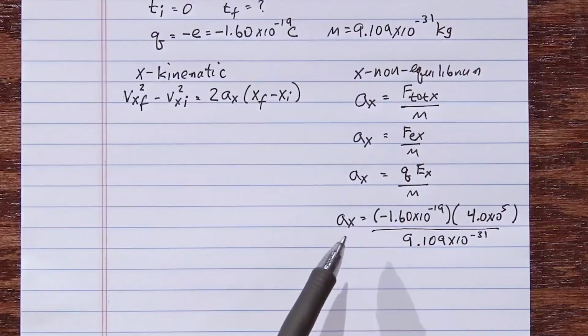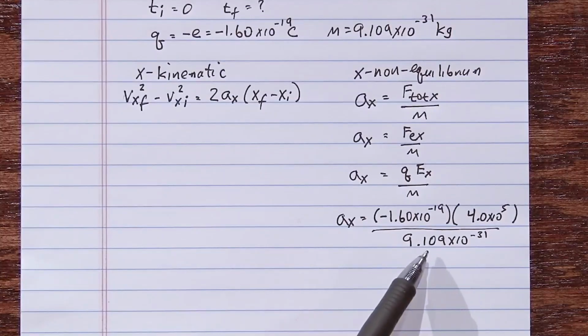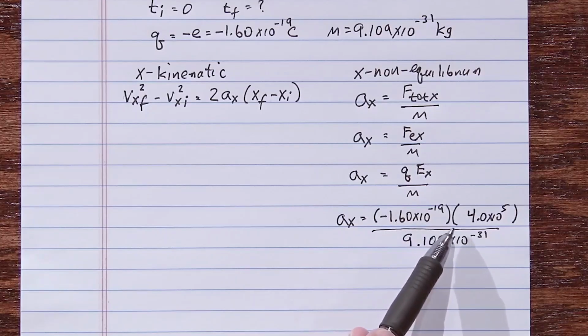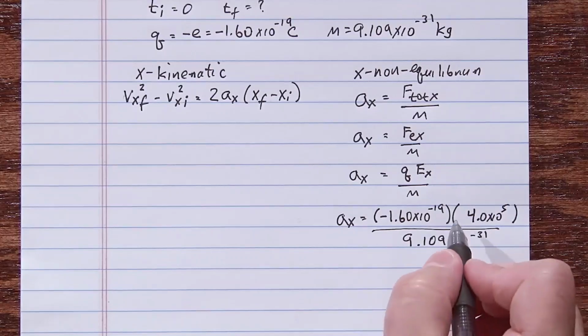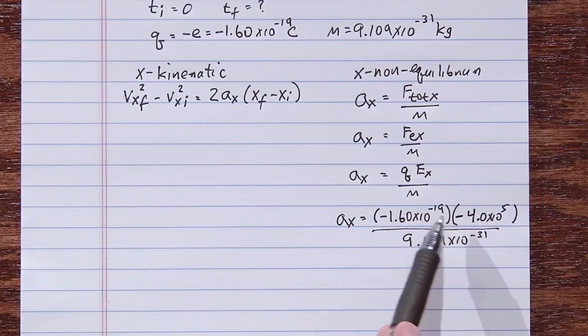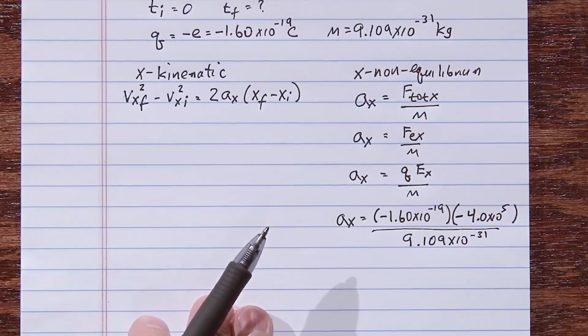So with that, we know that Ax has to be positive. And since mass is positive, and since the electron's charge is negative, we can infer that the electric field must be in the negative x direction. So I'm going to draw in a minus sign here. So when I multiply these two negative numbers, I get a positive acceleration in the x direction.